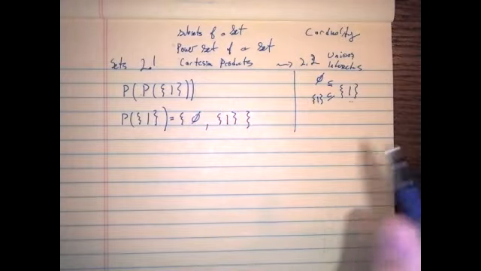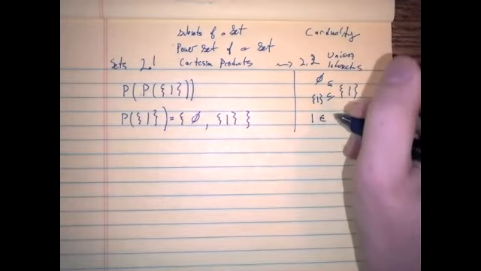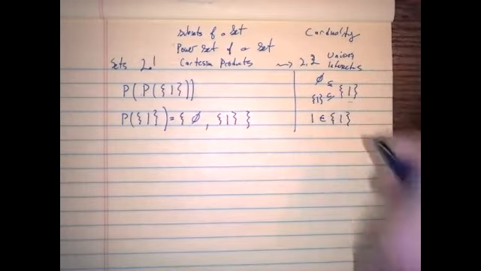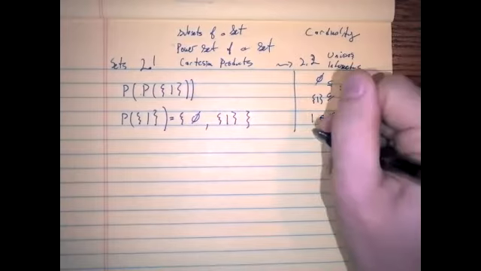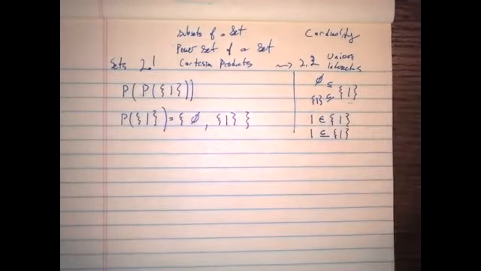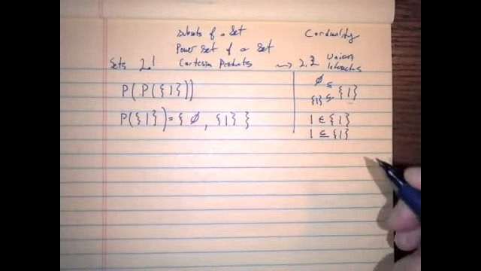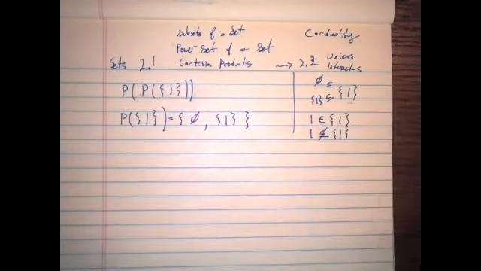Right, so 1 is not a part of this because 1 is an element of the set containing 1, but is 1 a subset of the set containing 1? No, it is not.